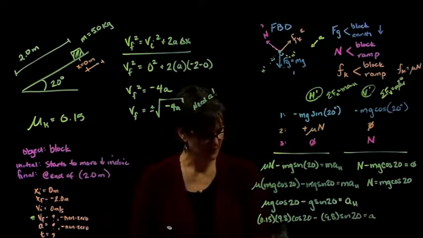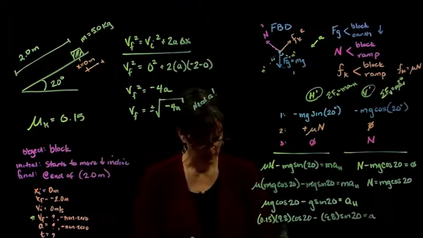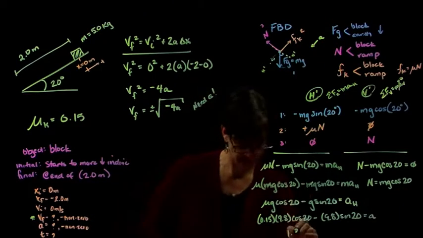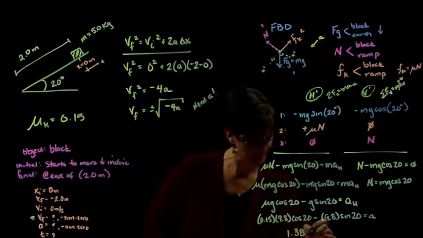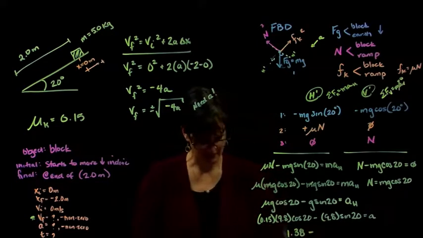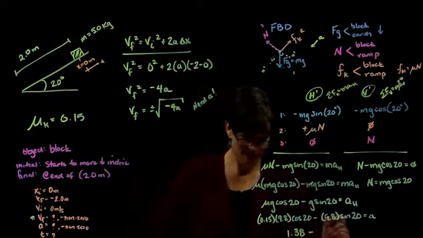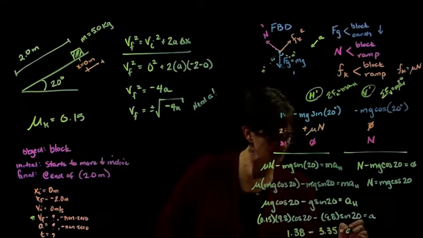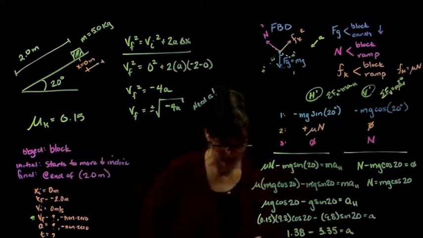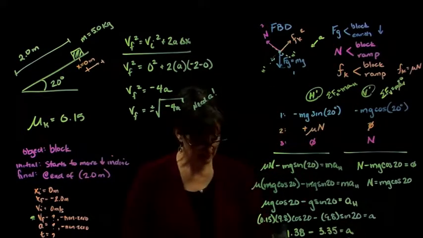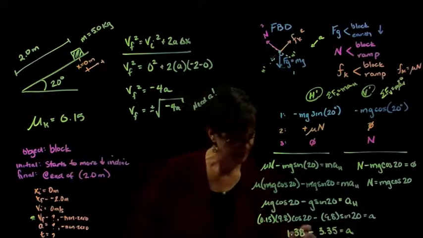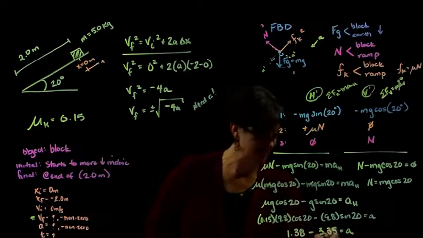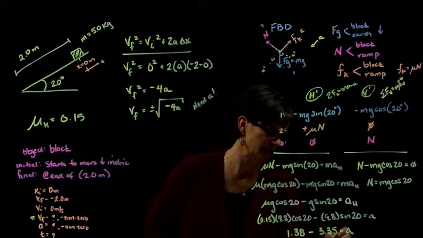So 0.15 times 9.8 times the cosine of 20, that's 1.38, minus 9.8 times the sine of 20 gives me 3.35 equals my acceleration. My acceleration then is negative 1.97 meters per second squared.